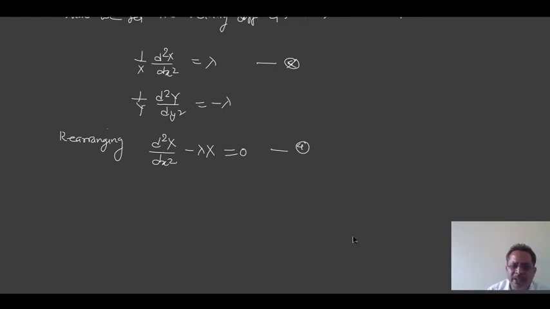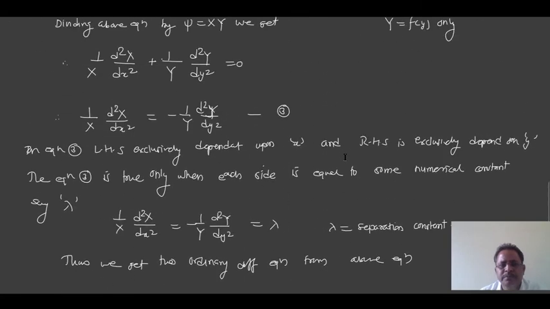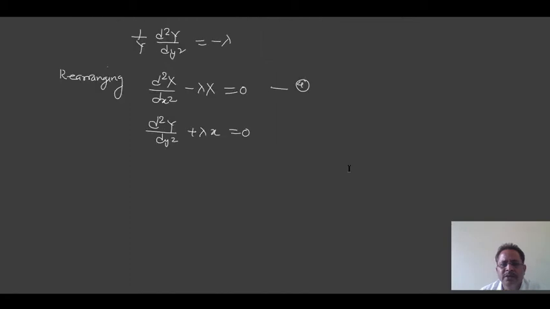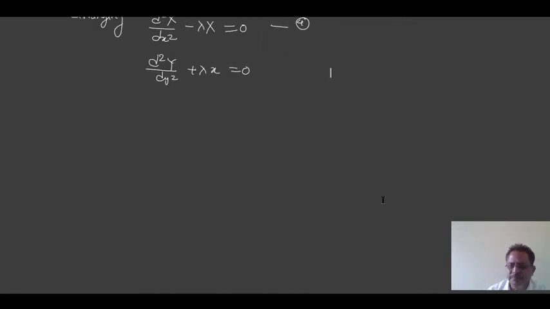Now taking this Y here, it will become minus lambda Y, and this can be taken on the left hand side. Therefore next is d square Y upon dy square plus lambda Y is equal to 0. This is my equation number 5.